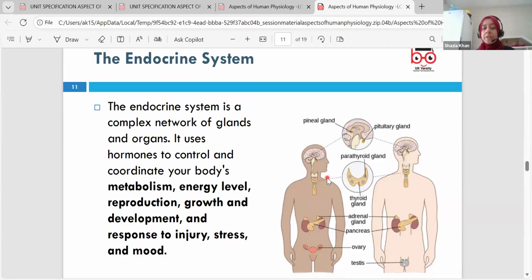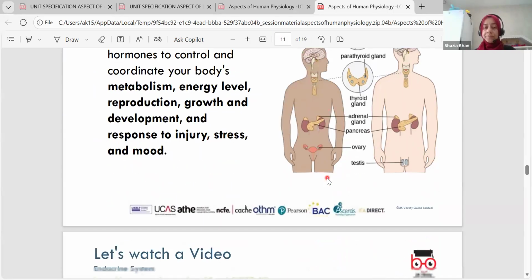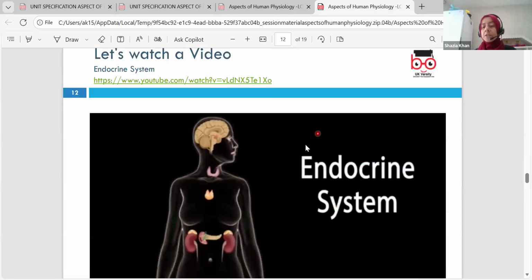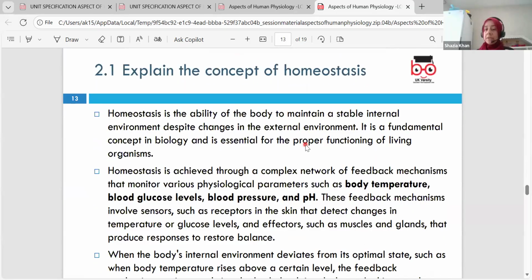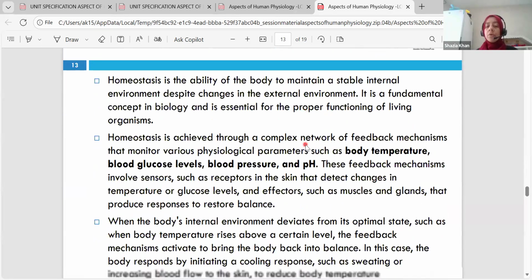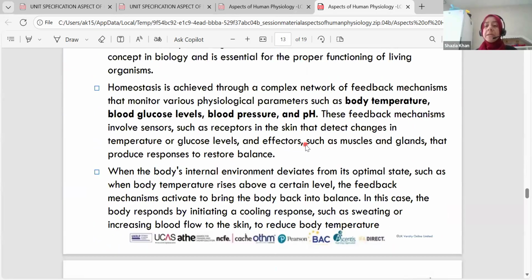The endocrine system is made up of different organ systems that work towards the body metabolism, energy levels, reproduction, growth and development, and response to injury, stress, and mood. You can have a look at this video, which explains in detail about the endocrine system. The concept of homeostasis is, again, maintaining a stable internal environment. You have the body temperature, the blood glucose levels, blood pressure, pH.